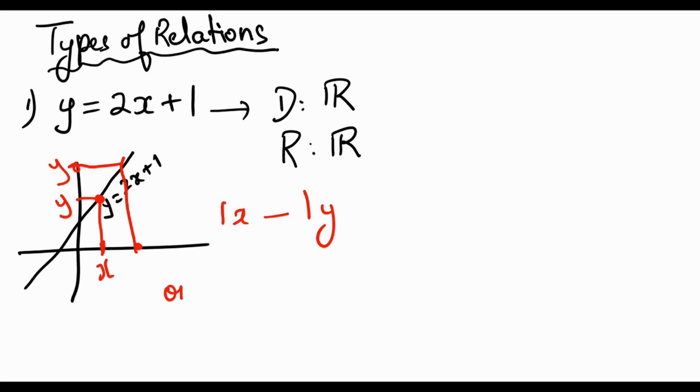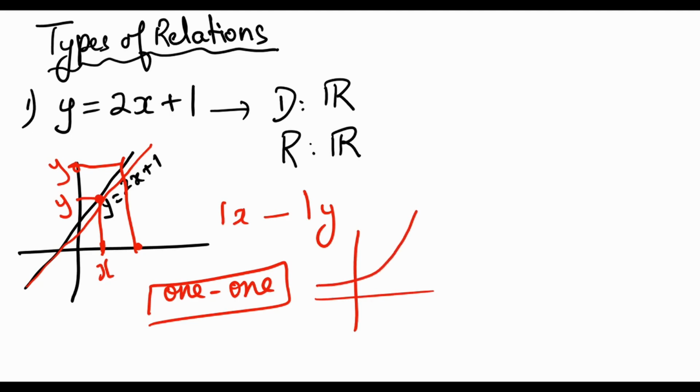So this type of relation is called a one-to-one relation. One x value going to one y value is called a one-to-one relation, and usually this is a linear relation. It's easier to understand this from a linear relation. There are also other relations, like say this exponential, and if you notice, it's also one to one, because for every x value you have exactly one y value.